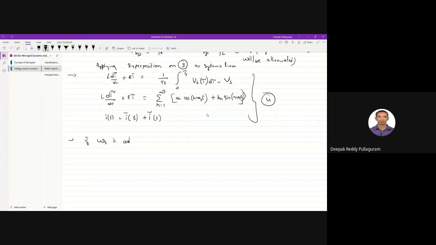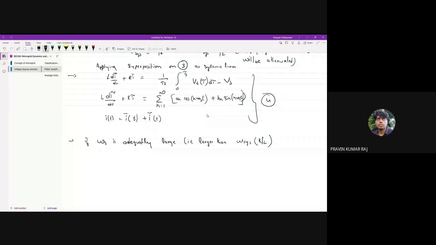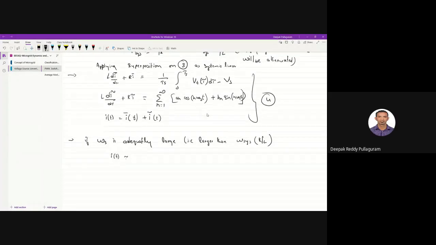If omega s is adequately large, that is larger than omega 6 R by L, if this is valid, then tell me the ripple current. The ripple current in this component will be 0. So I can approximately say that I is I dc. Isn't it? Yes, sir.